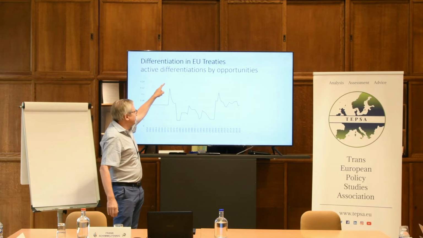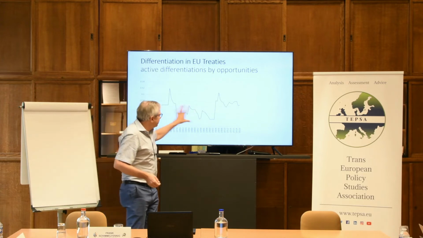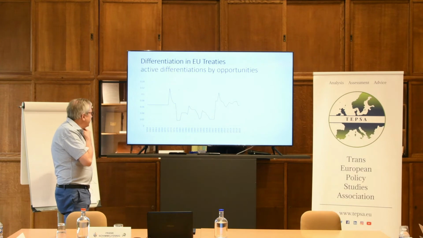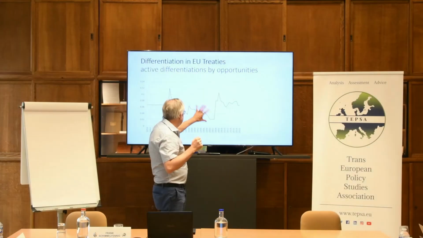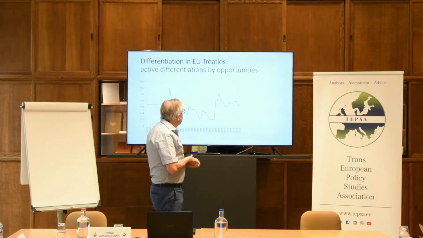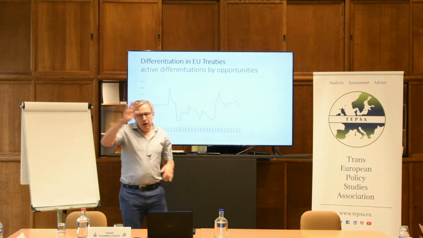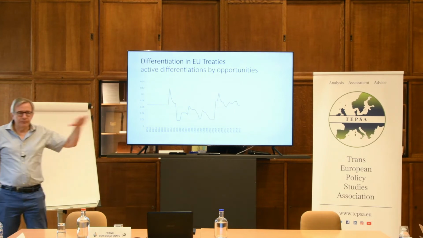But then you also see it went down rather quickly. Then the least differentiated period was until Eastern enlargement, the 1970s, 80s, 90s, and now we're hovering around the long-term average.